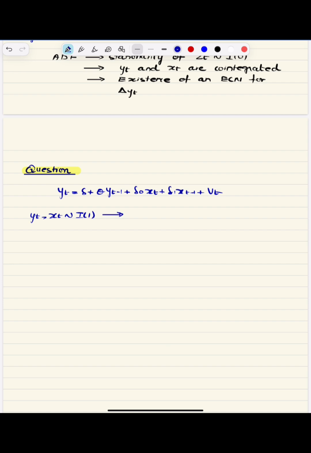But when we take a linear combination of them, let's call their error zt, if it follows an AR1 process such that it is stationary, then we can say that yt and xt are co-integrated, which means that they do have some kind of long run relationship.